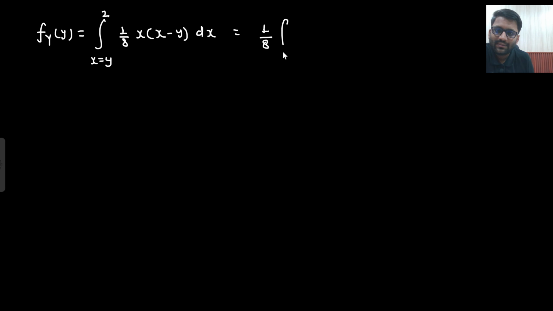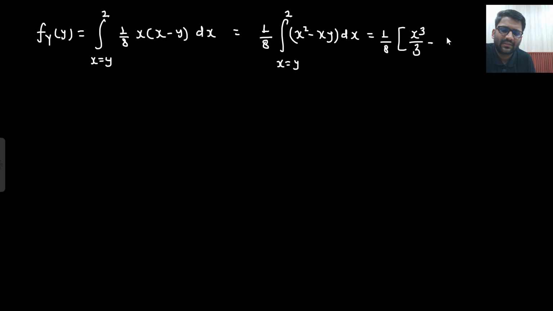Yeah, so x square minus xy dot dx. So x is going from y to 2, right? So 1 by 8 is outward, x cube by 3 minus x square y by 2 from... a complex expression we will be getting basically.